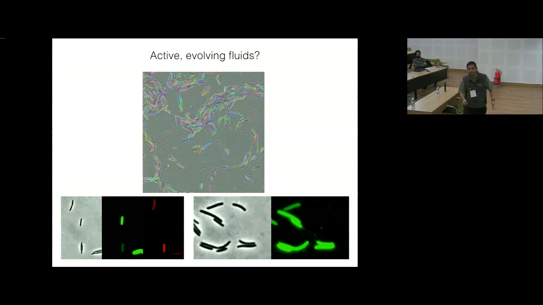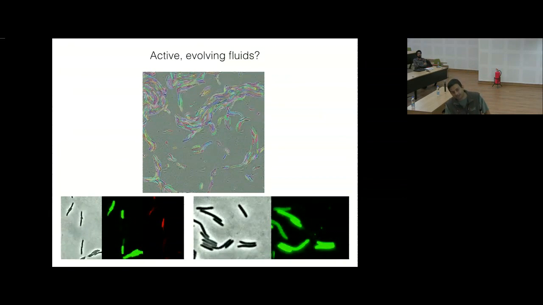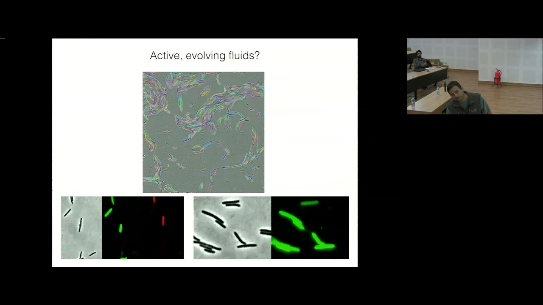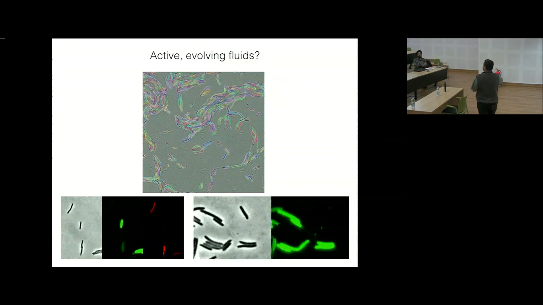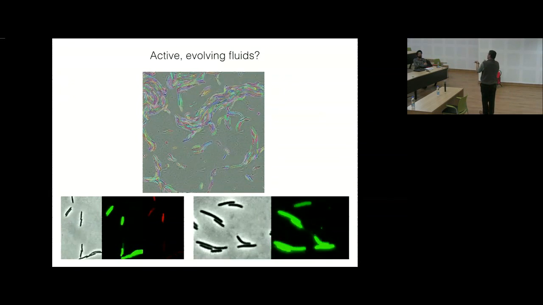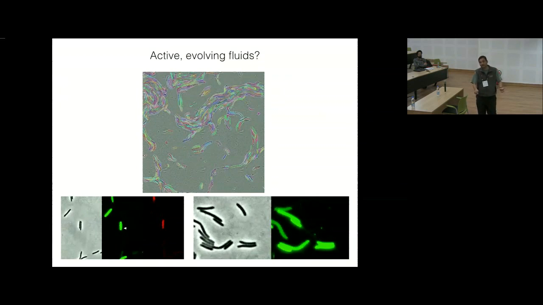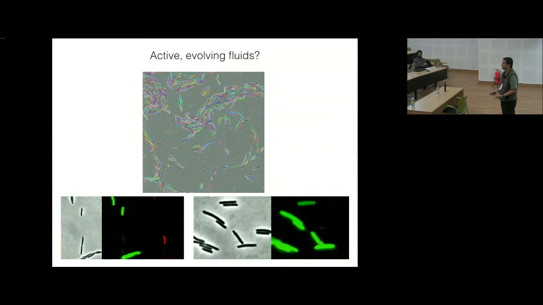And they do this in a more interesting way: they actually form little tubes which connect their bodies. And they are able to pass not only membrane material, but also genetic material through these.